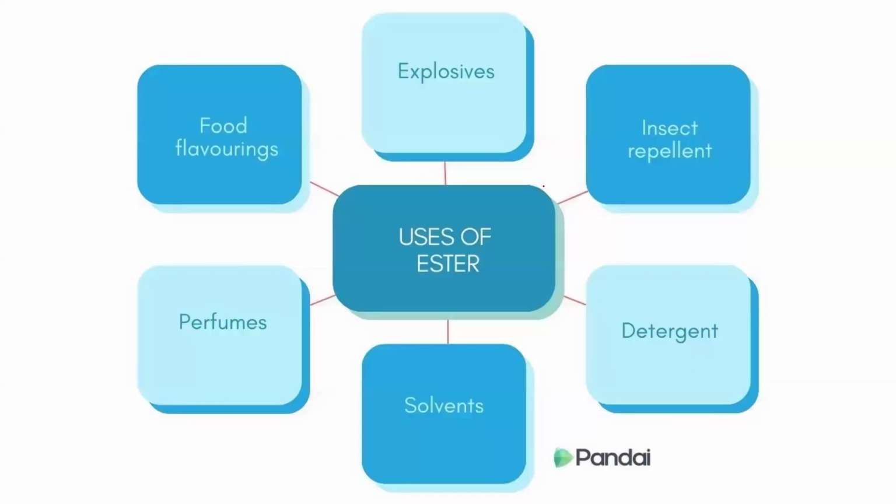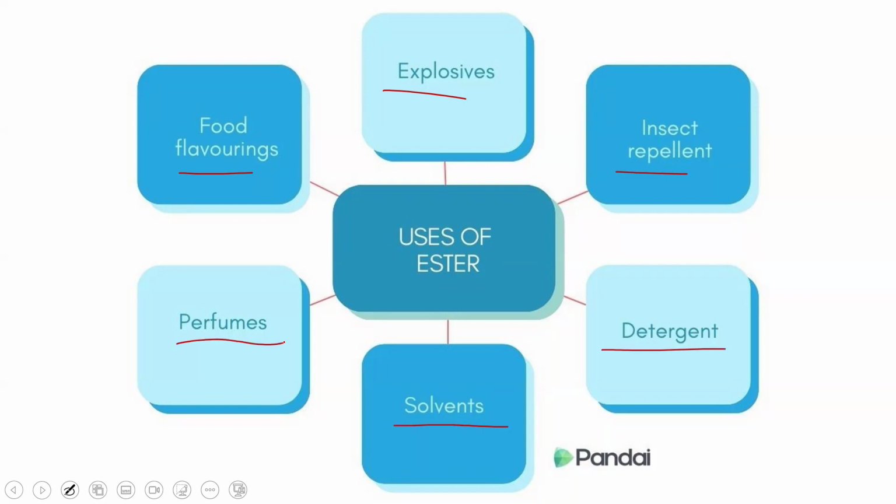Esters. Once we've made them, they've got loads and loads of uses. Quite incredible, really. Carboxylic acids are pretty rubbish. Alcohols are also pretty rubbish. What you can actually do with esters is, there's 6 things here that I found on a picture: food flavorings, explosives, insect repellent, detergents, solvents, and perfumes.